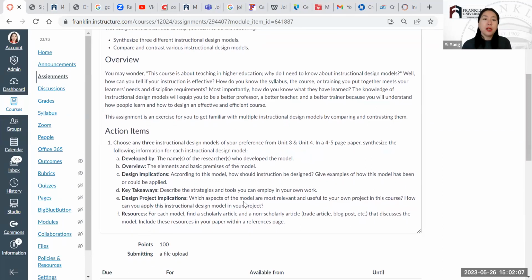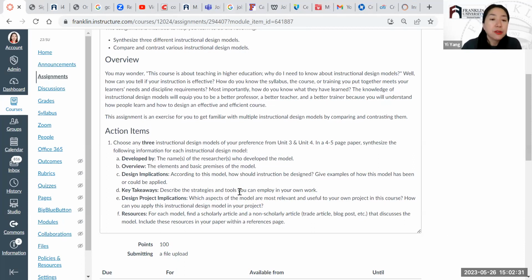In this paper, you can choose either 3 models in training and consulting, or 3 models for teaching and instruction, or you can mix and match. It's completely up to you, whatever draws your interest.